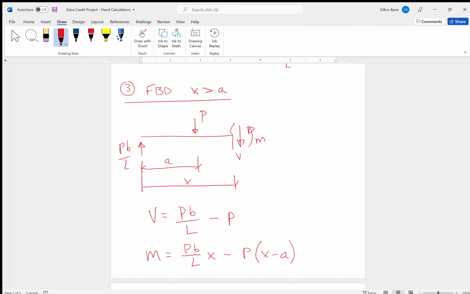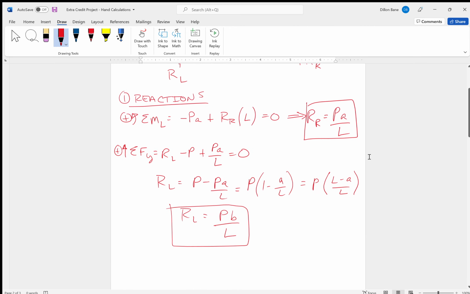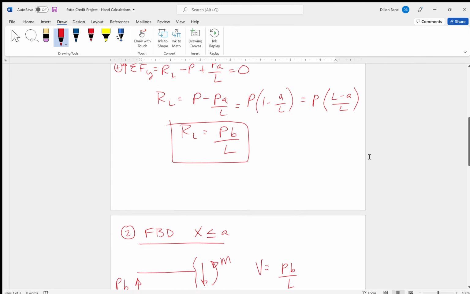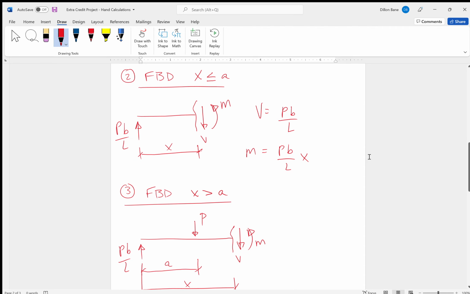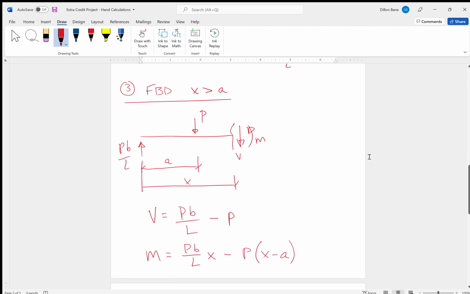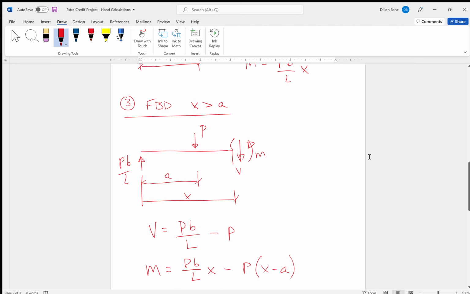All right, so now that we have these equations set up, we've got equations for the left reaction and the right reaction, and we've got equations for shear and moment for both conditions. So that's all we need to do hand calc wise, is to come up with these shear and moment equations.